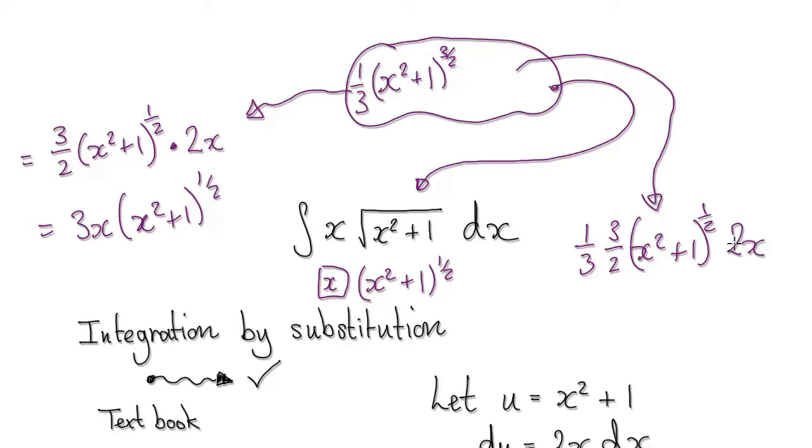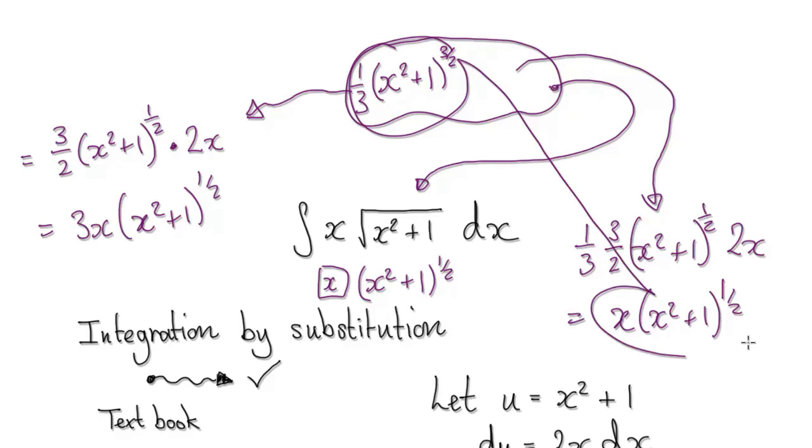And then if you tidy this up, the two 2's will cancel each other out, the 3 will cancel each other out, leaving you with x squared plus 1, and then to the power of a half. So when you differentiate this, it will give you this, which is exactly the same as this.